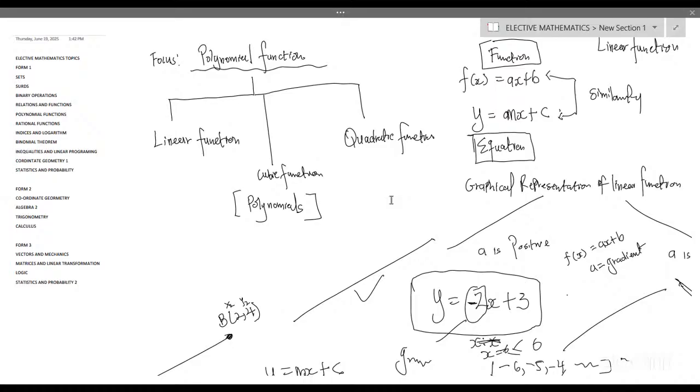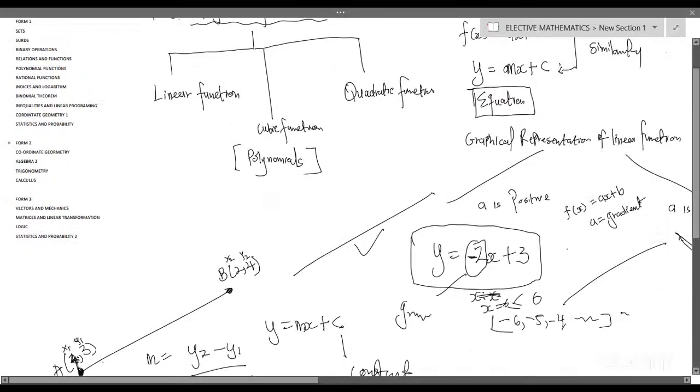For the linear function, we are talking about straight lines. Anywhere I draw a point, I can form a straight line. So I draw a point here, and I draw another point here. When I take a ruler, I will form a straight line. So linear function is a straight line, then quadratic function, then we have the cubic function.